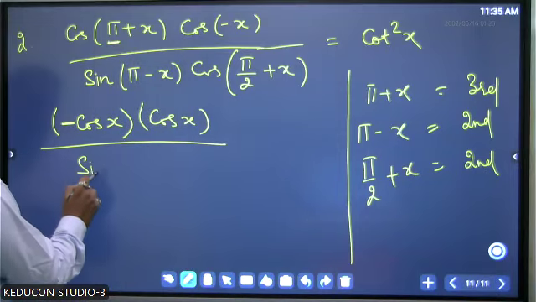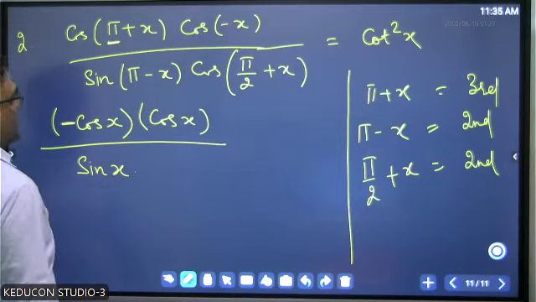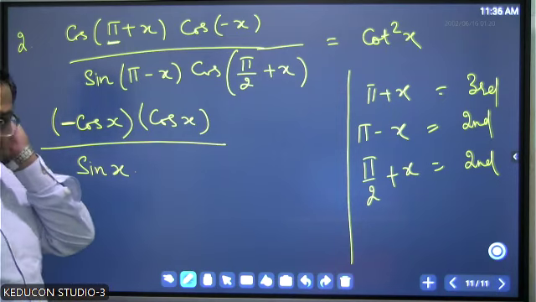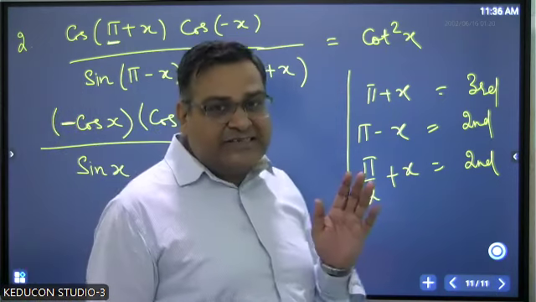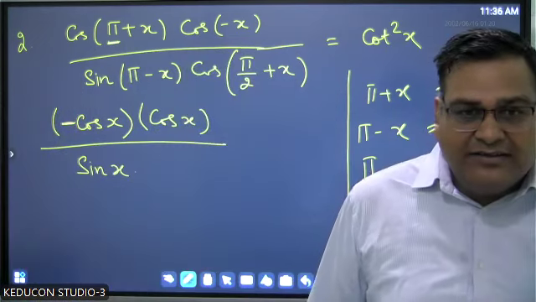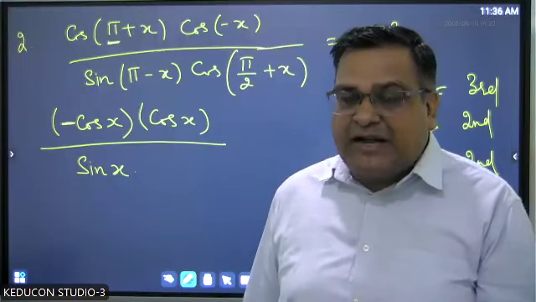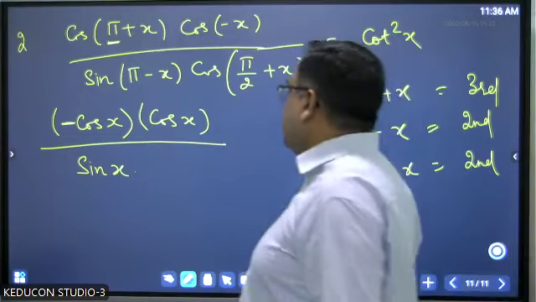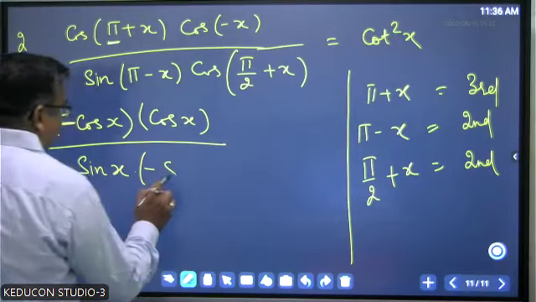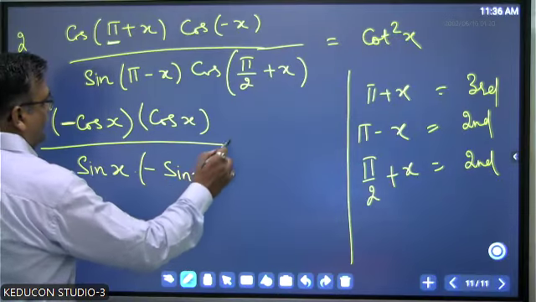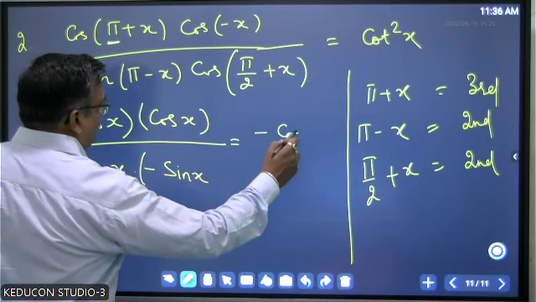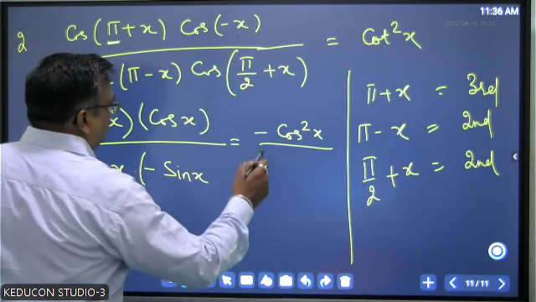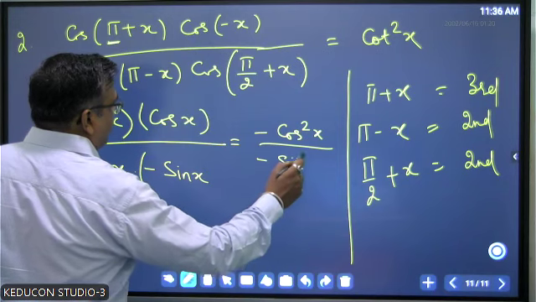So this will become sine x into cos of pi by 2 plus x. Pi by 2 plus x is second quadrant, right? And it's pi by 2, therefore the trigonometric ratio will change and it will become minus sine x. If you solve this, this becomes minus cos square x and this is minus sine square x.